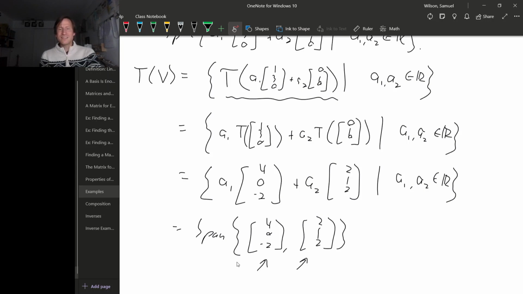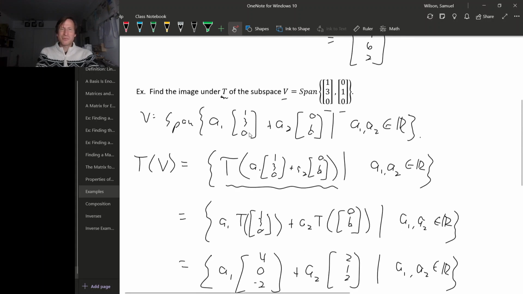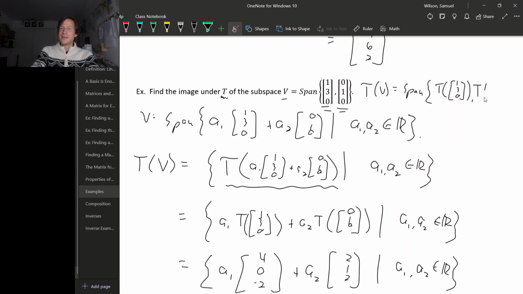It kind of makes sense that we would get the span of these because what we started with was the span of these two, and what we found is that the image of this span is the span of the images, right? So it's the span of the image of 1, 3, 0, and the image of 0, 1, 0.